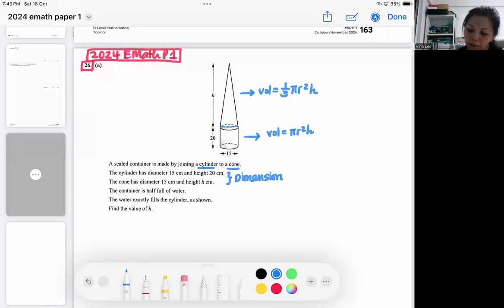Now the key thing is this: the container is half filled with water, and the water fills exactly the cylinder. From these two sentences, you've got to understand that the volume of the cylinder is equal to the volume of the cone.